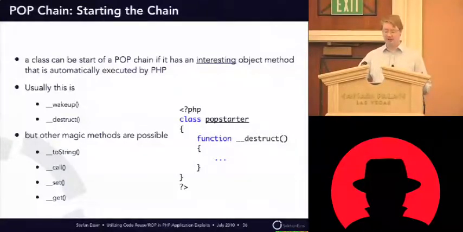The others are theoretically possible, but so far I haven't found an application that is vulnerable to this. The example just shows you have a class, I call it PopStarter, and it has a destructor. So when you unserialize this class and it gets destroyed, the destruct will be executed. In this case, there's nothing in there, so nothing would be happening.